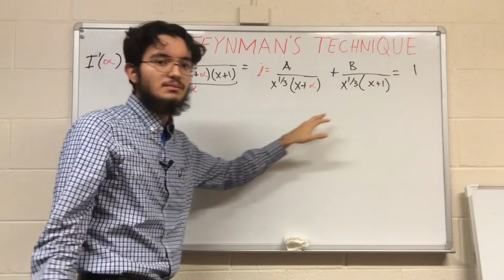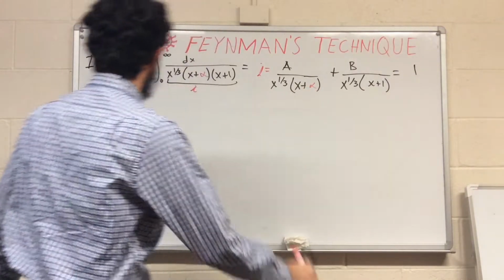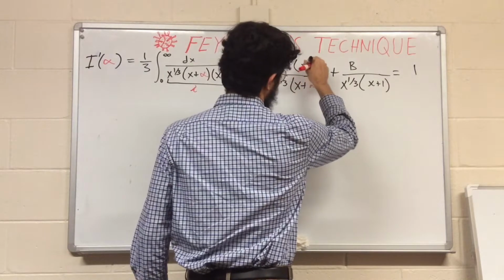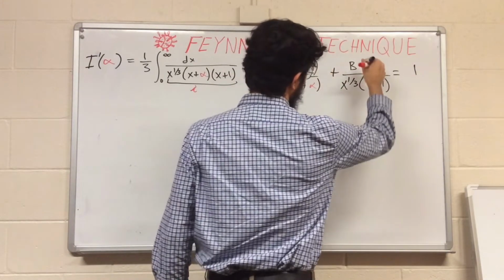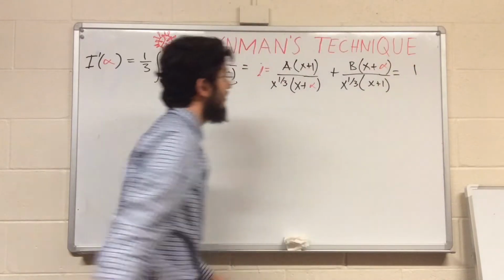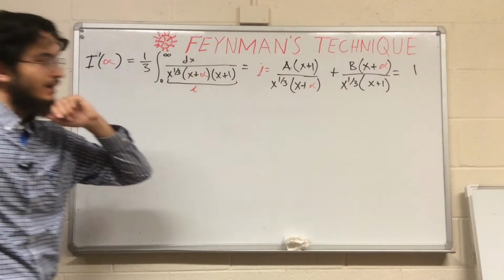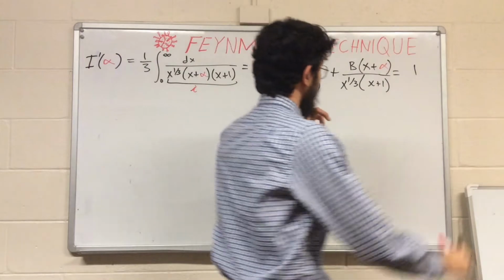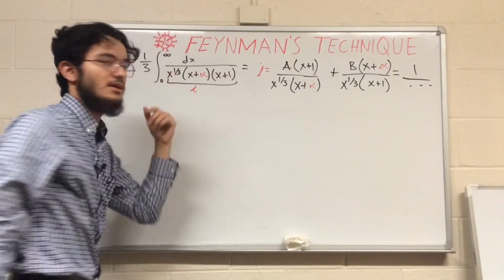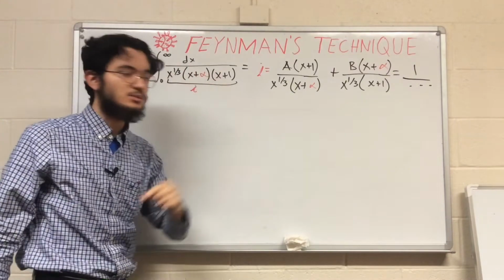Okay, so we find the least common denominator for this fraction. So we multiply by x plus 1 over here, and then we multiply by x plus alpha over here. Okay, so in that case, we know that this over here has this same common denominator, x to the 1/3 times x plus alpha times x plus 1.